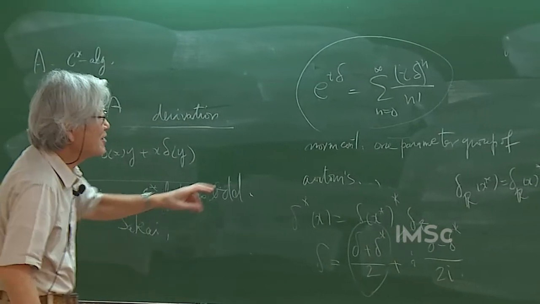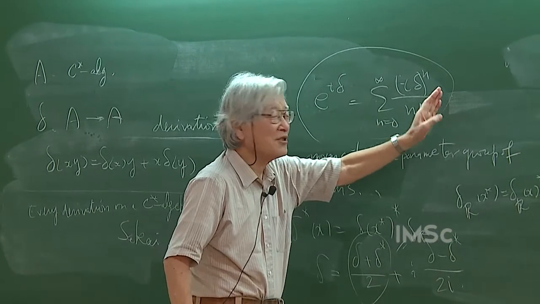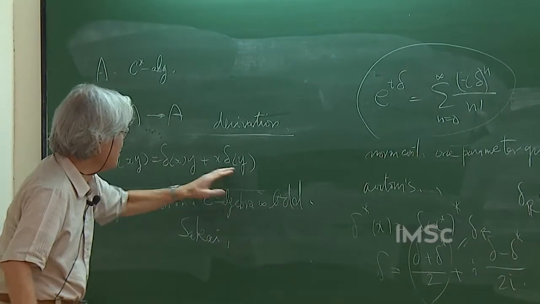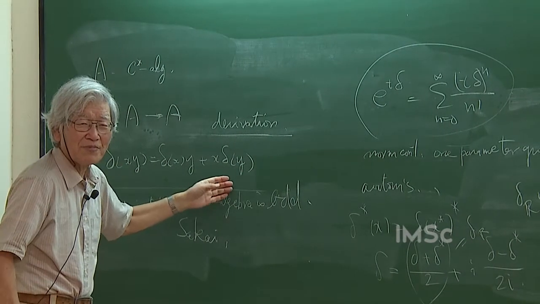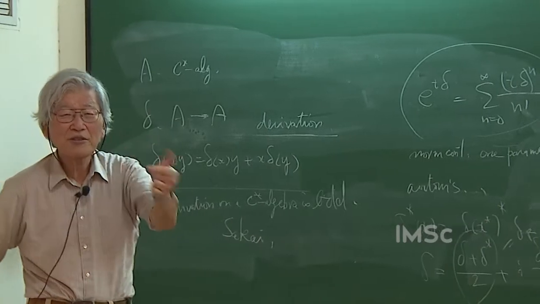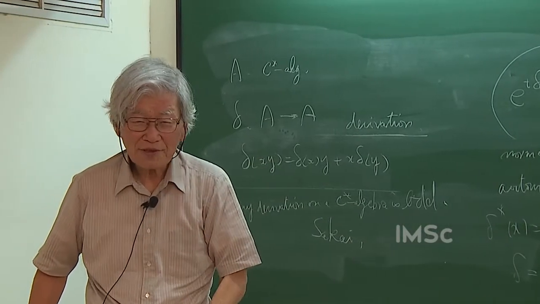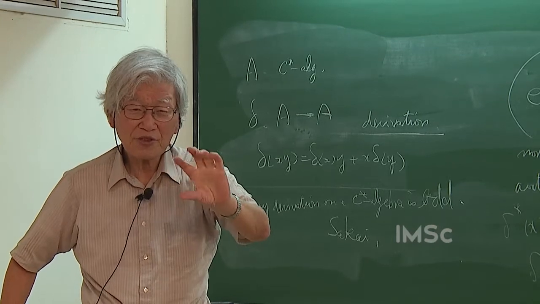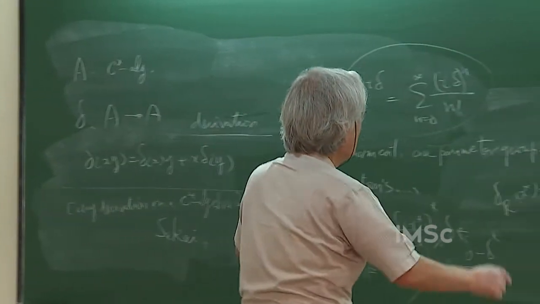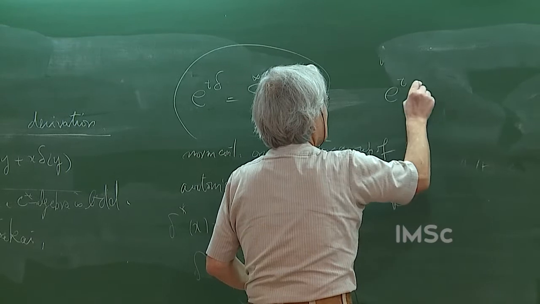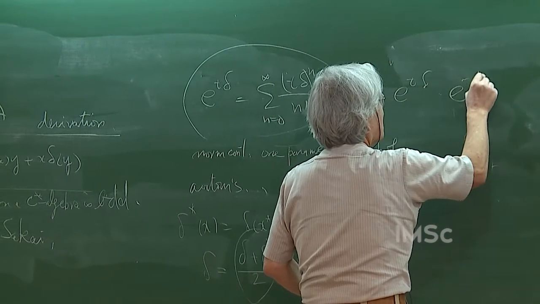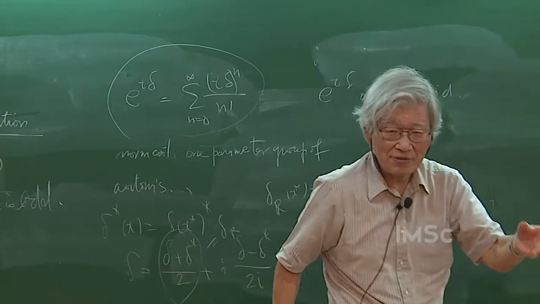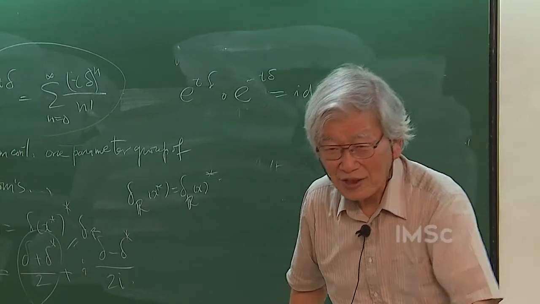You believe this is Taylor expansion, and this derivation property tells you that it is multiplicative. Yeah, that's an automorphism. It preserves, okay, e to the t delta times e to the minus t delta equals identity.